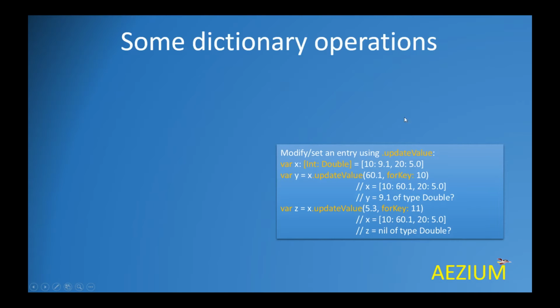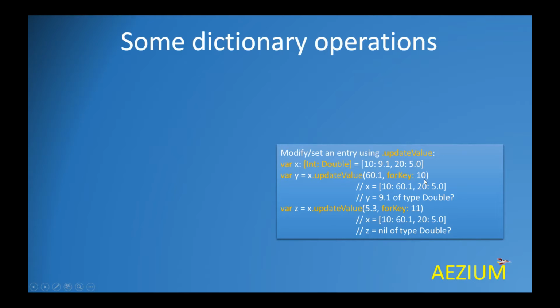Alternatively, we can use the dictionary's property updateValue to alter the entries of a dictionary. So here we have x, which is a variable of type dictionary Int Double. Then we use this expression here to alter the contents of x.